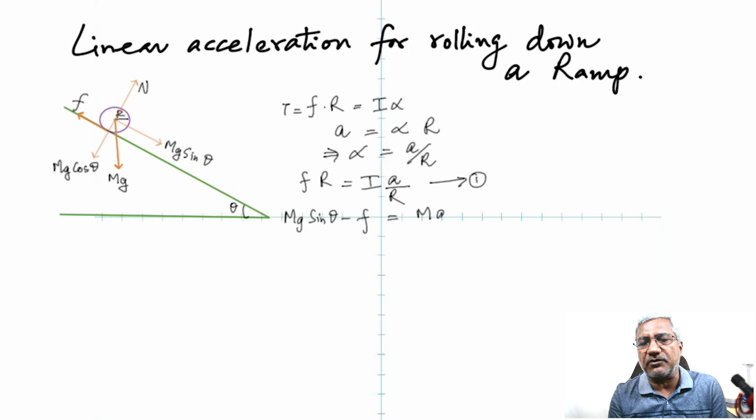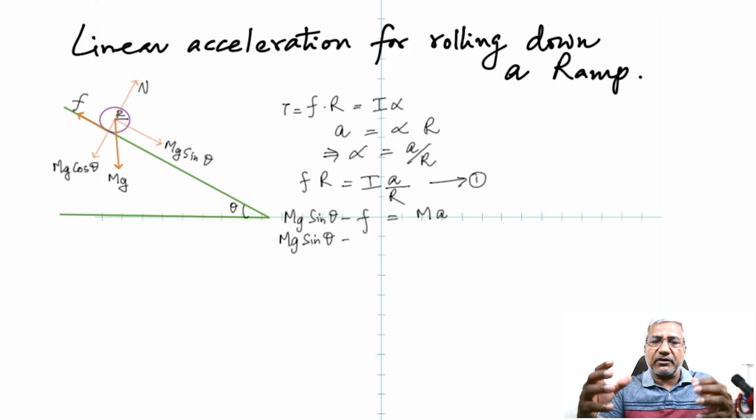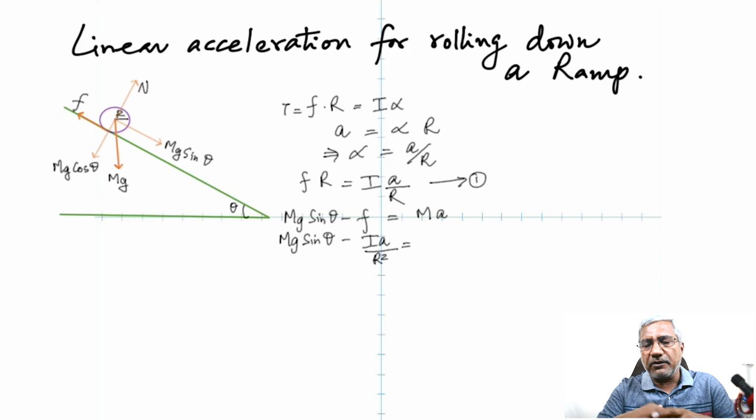Mass times acceleration, where m is the mass of the object, or the sphere in this case. So now when we bring in the math, we'll get mg sine theta minus, we are substituting for F from equation 1. And I hope you understand why we have R squared, because this R will go to the denominator, making it I a by R squared.